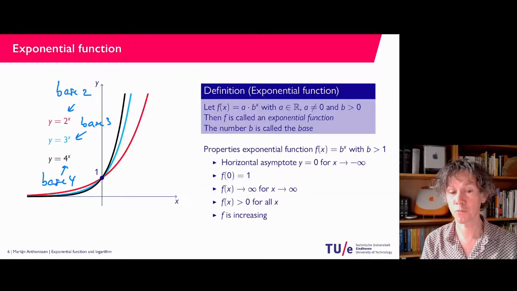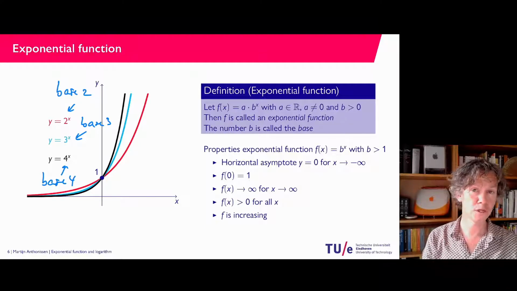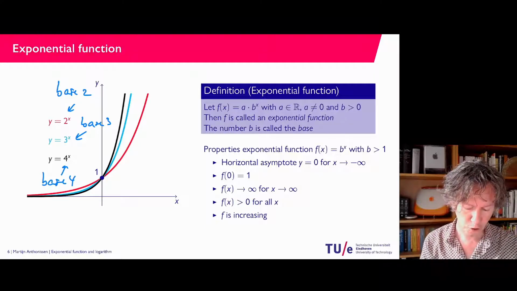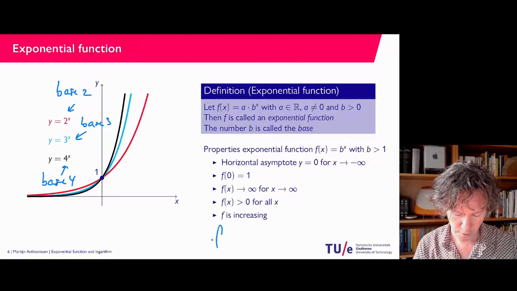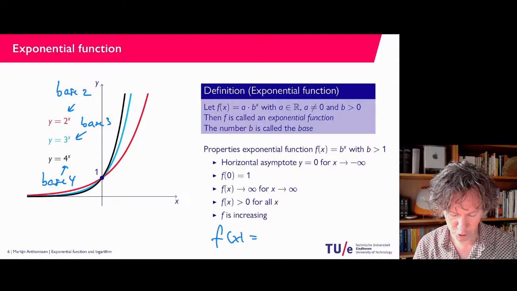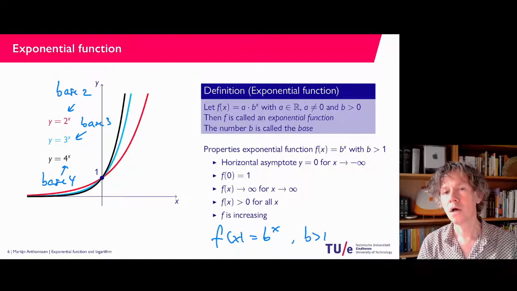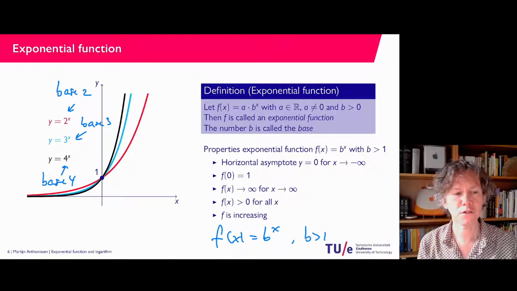The function is always positive. And what you also see, that it's increasing. So these 5 properties are general properties that any function f(x) is b to the power x with b bigger than 1 has. So you may wonder what happens if I take my base less than 1.